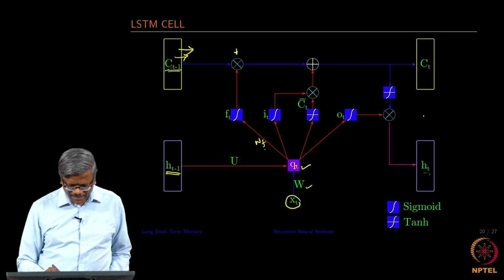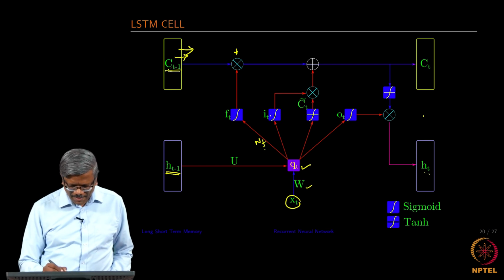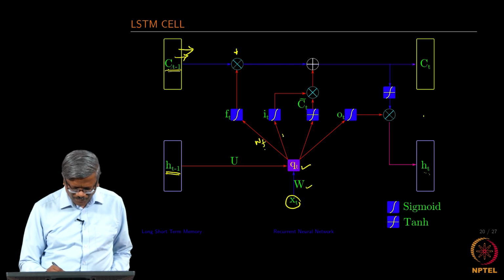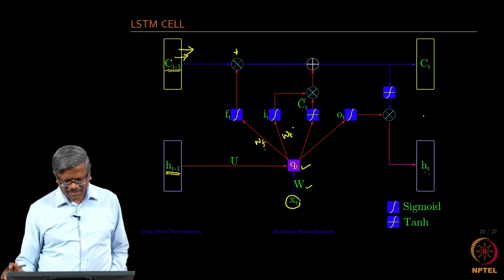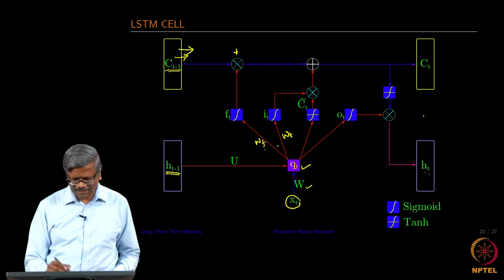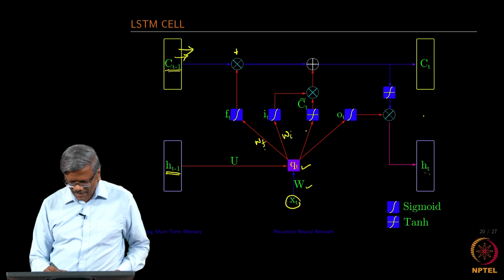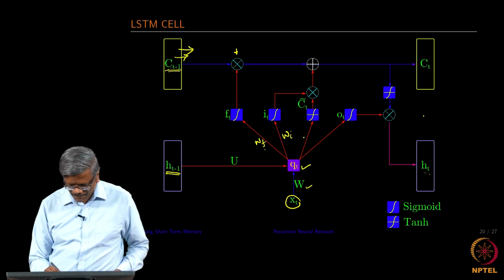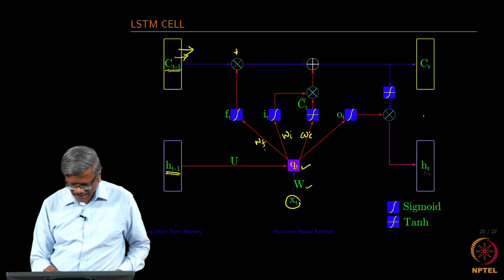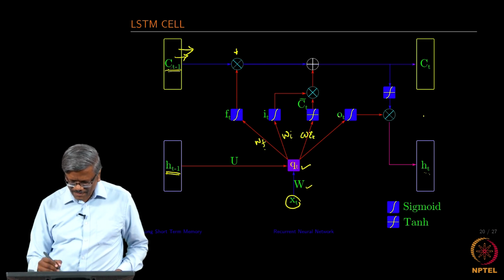Okay, and then there is an input cell that is computed using the weight matrix that you have here. This is WI, and then we are computing the new memory here. And then this is the output gate.